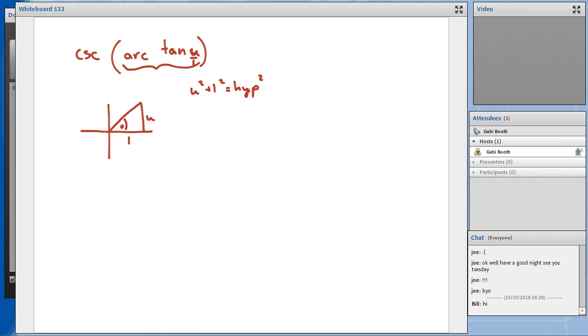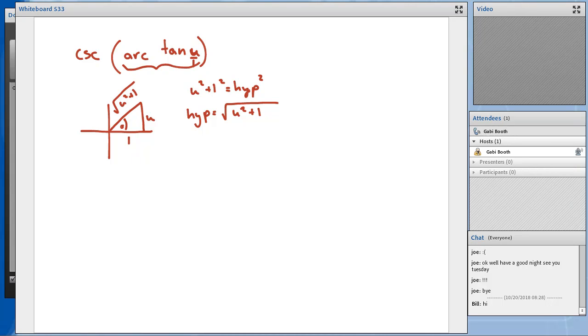So if we want to find the hypotenuse, we take the square root. So the hypotenuse is the square root of u squared plus 1, and that cannot be simplified any further. So we write on here square root of u squared plus 1.